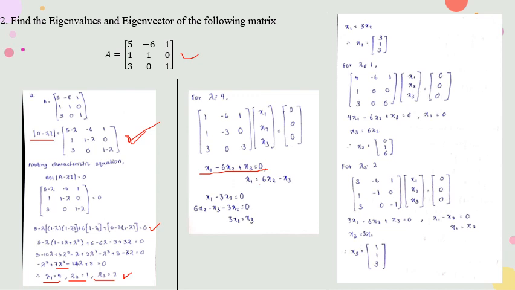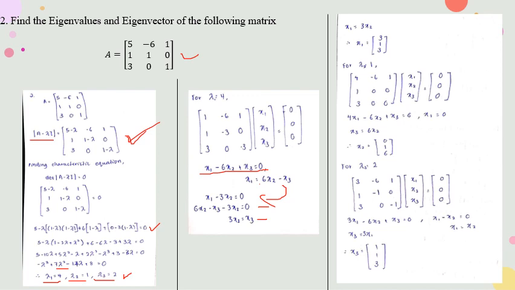Then I'm using the second row equation, x1 minus 3x2 equals 0, and substitute the x1 into this equation, and we find that 3x2 is equal to x3.